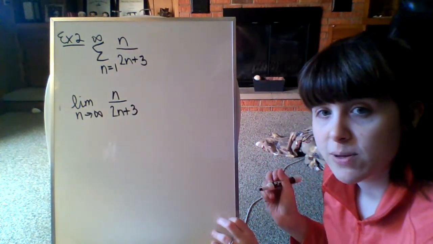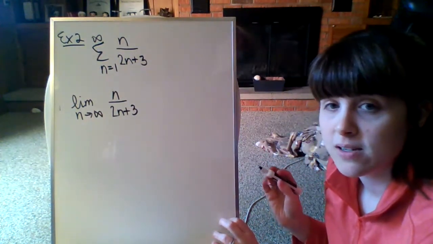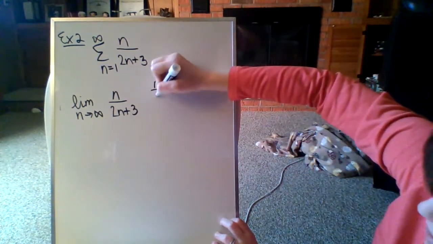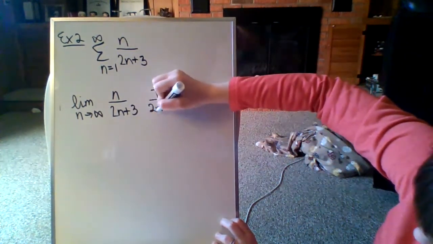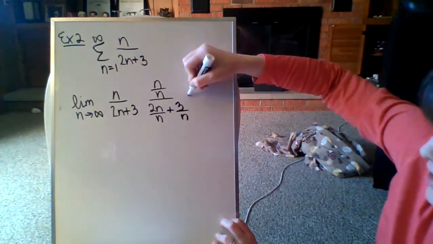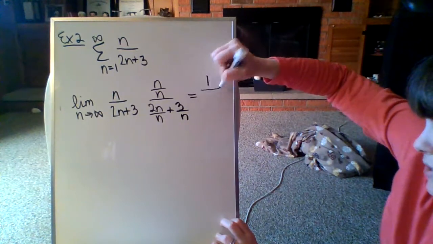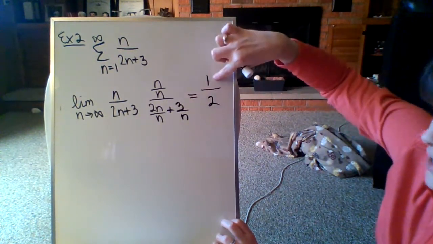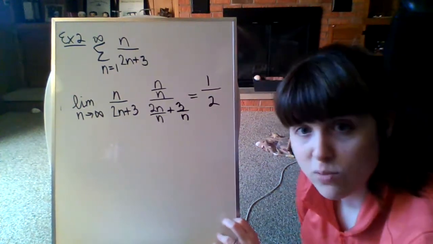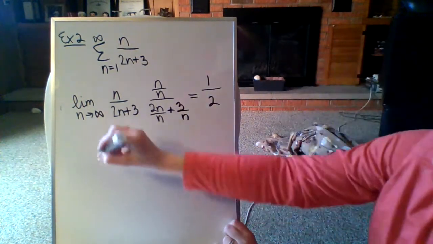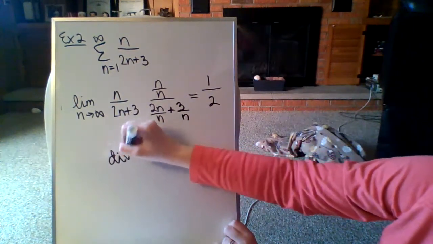What is the highest power of n in this problem? Just n, right? So we're going to have n over n, 2n over n, and 3 over n. That's going to be 1 on the top, 2 on the bottom, and this part becomes 0. Is 1/2 equal to 0? No. So we're going to say that this diverges.